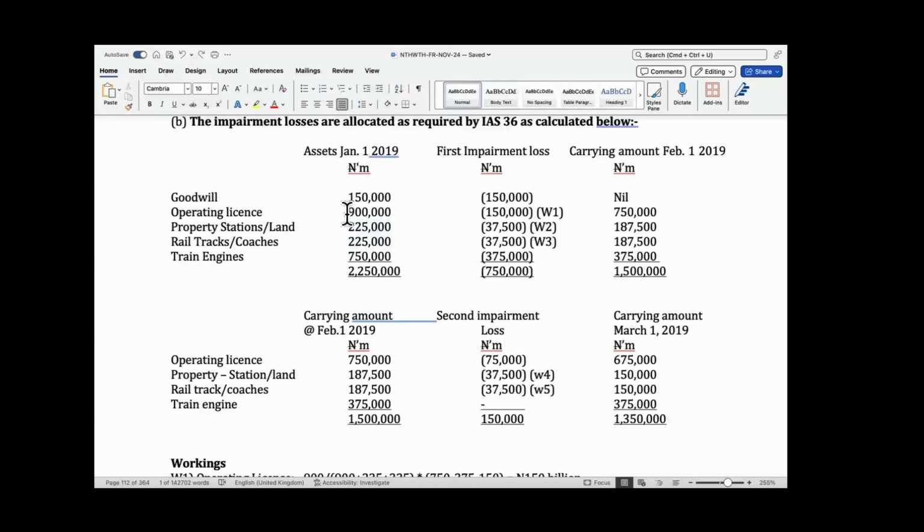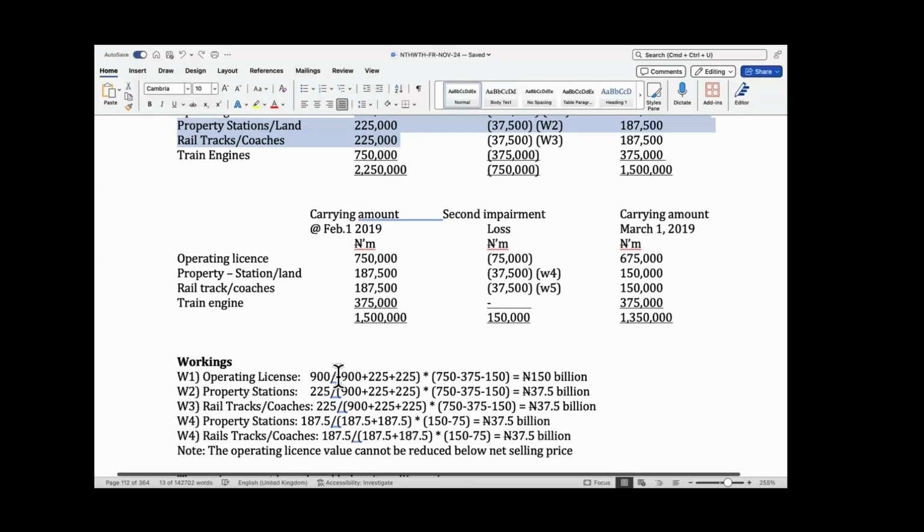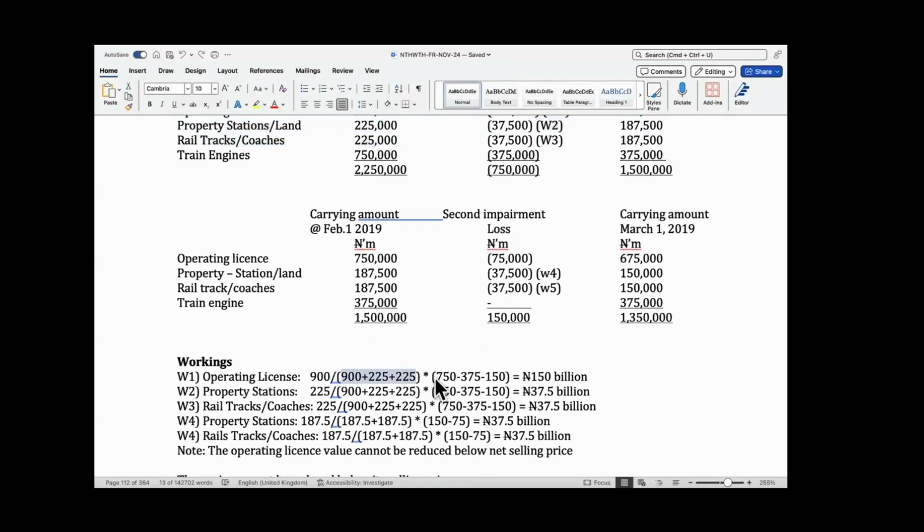So 900 over the total, the addition of those 3, multiplied by the remaining impairment loss. Remember, the total impairment loss is 750. We have allocated 375 to engine, 150 to goodwill. Whatever is remaining, we are sharing it among these 3.